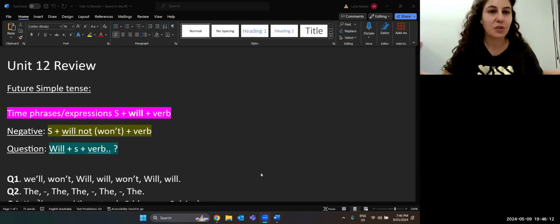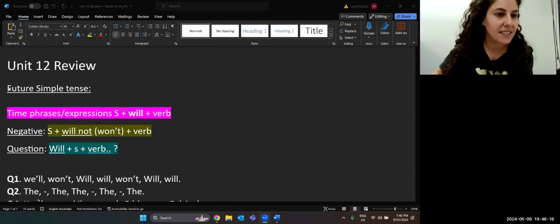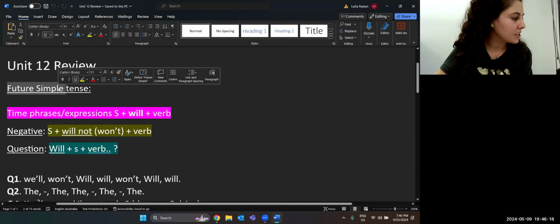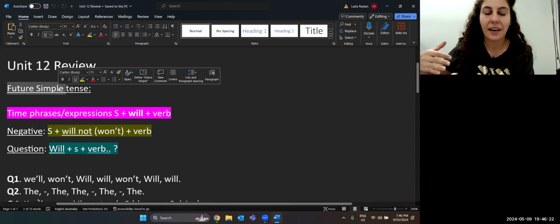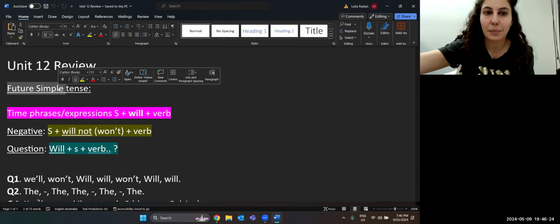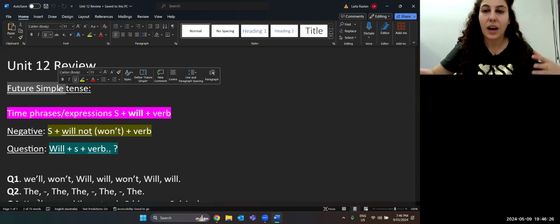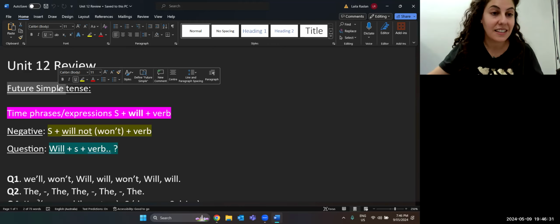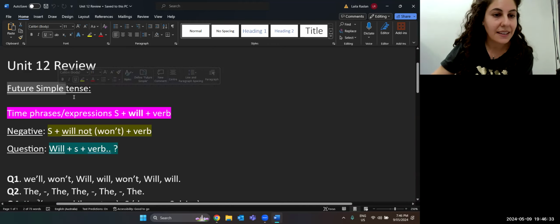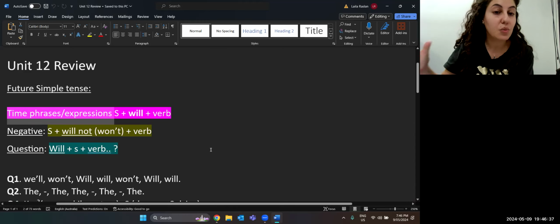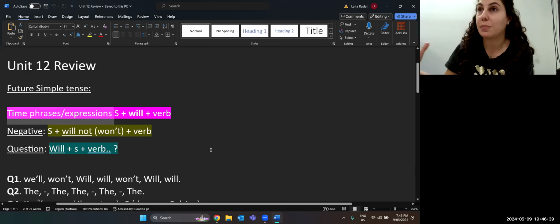Let's look at the rules again of how do we use the future simple. So we know the future simple. I'm going to tell you about a point in time in the future. So I'm speaking now in the moment, but it's about an action that's in the future. So to make this sentence, first of all, it's interesting because we can put a time expression at the beginning.